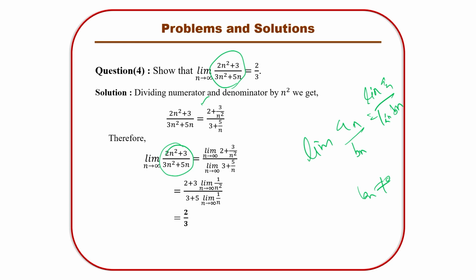So in the numerator, take the limit as n tends to infinity of 2 plus 3 by n square, and in the denominator, the limit as n tends to infinity of 3 plus 5 by n. This will become 2, which is a constant, 3 by n square becomes 0, and 3 is a constant, and 5 by n becomes 0. So what it comes out to is 2 by 3. This is the correct answer for this problem.